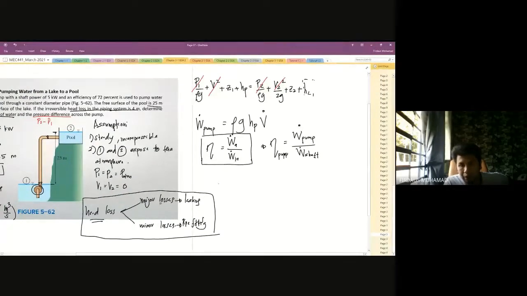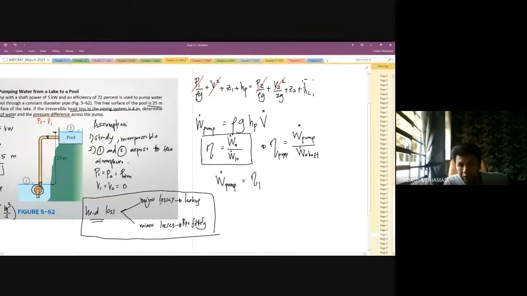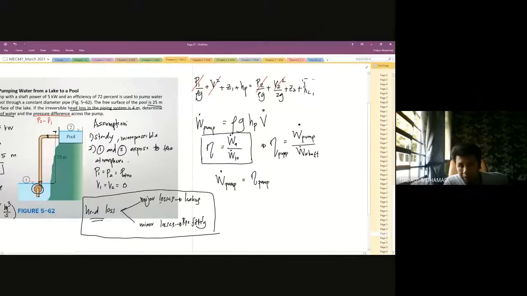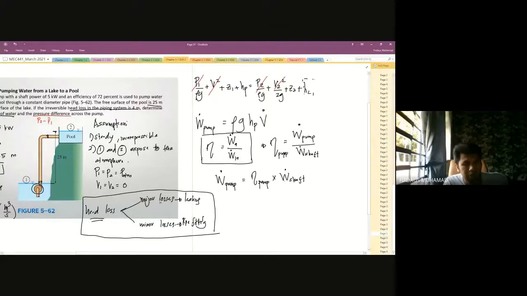Okay, so W dot pump equal to efficiency for the pump multiply by W dot shaft. Okay, ni balik, sorry.